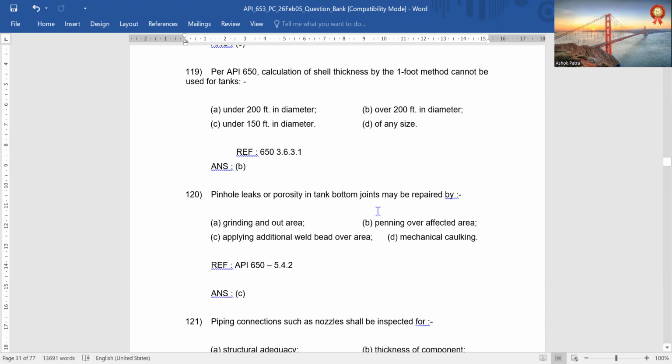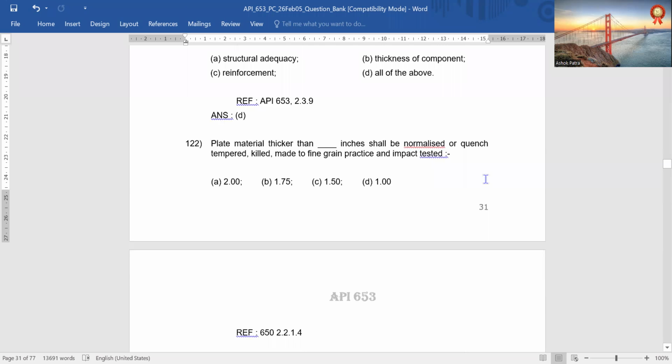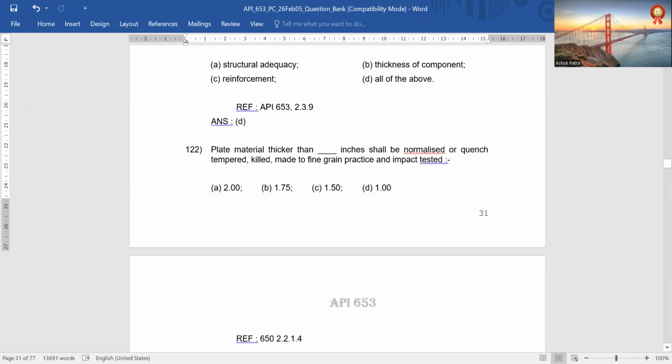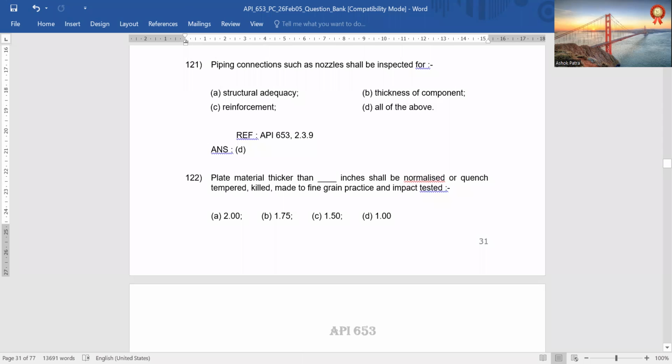Pinhole leaks or porosity in tank bottom joints may be repaired by applying additional weld bead over the area. Piping connections such as nozzles shall be inspected for structural adequacy, thickness of the component, reinforcement.